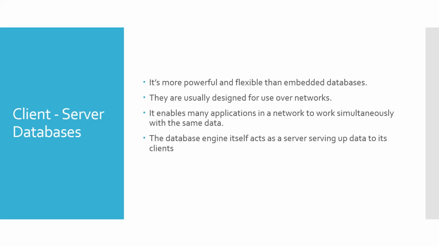The database engine itself acts as a server, serving up data to its clients. In principle, it can field requests from just about anywhere with a network connection and a suitable client program. This is the kind of database we are more likely to find in a large company, where large quantities of data need to be shared among many people, where access may be needed from all sorts of different locations.